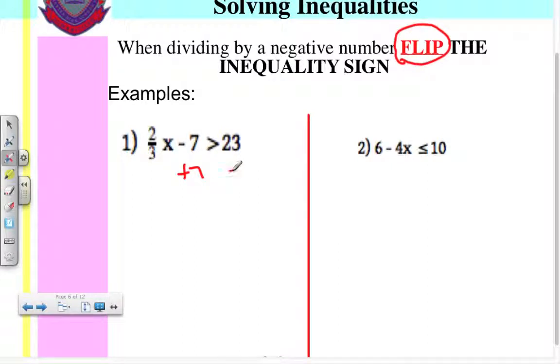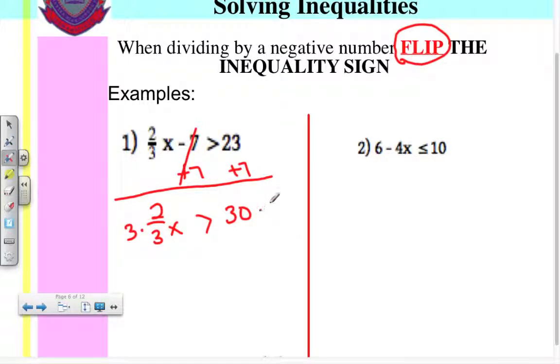Yesterday we learned the constant is just a number by itself. I want to combine my like terms. This cancels. 2/3 x is greater than 30. Now I have a fraction, so I need to get rid of my denominator. Multiply by 3 on both sides. My 3's cancel, and I end up with 2x is greater than 90.